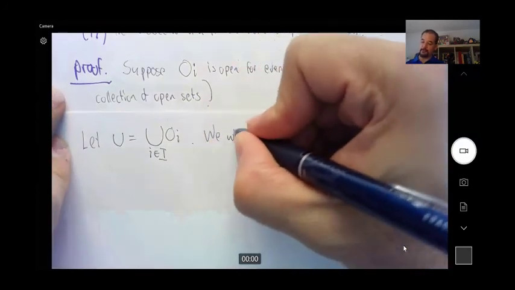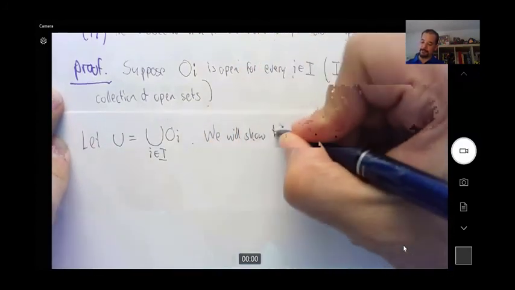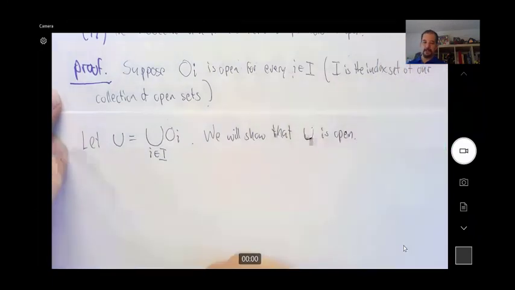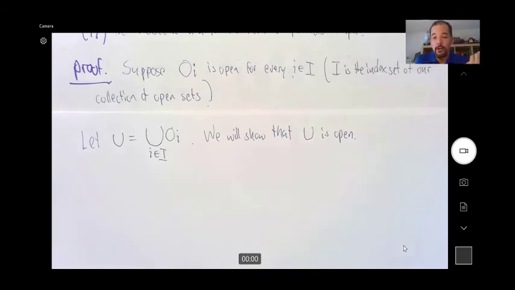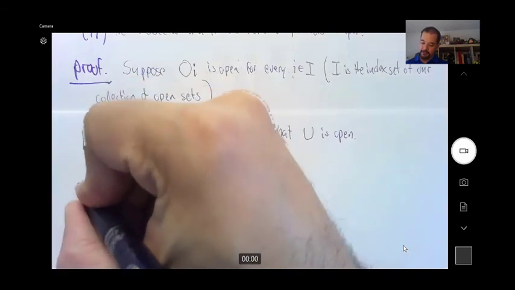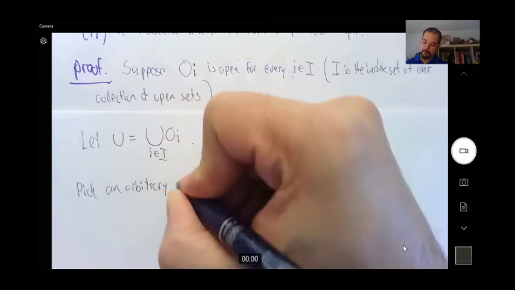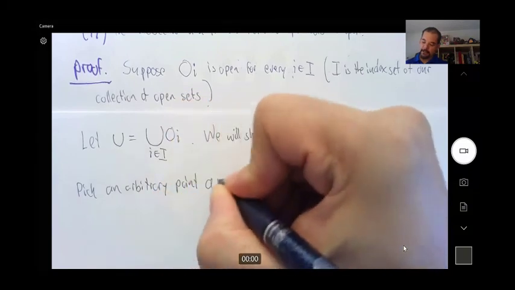We will show that U is open. How do we show something is open? We pick an element in U and we need to show it has a neighborhood that is contained in U, right? That's what we need to do. So let's do it. Pick an arbitrary point a in U.